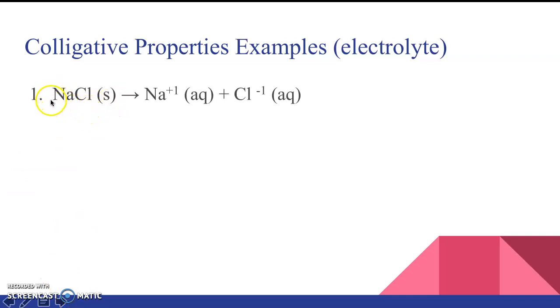So 1 mole of sodium chloride, looking at the coefficients, dissolves into 1 mole of sodium ions and 1 mole of chloride ions for a total of 2 moles of ions in solution. So because this dissolves into 2 moles of ions, it's going to have a decent impact on the boiling point and freezing point of water. It's going to cause the solvent's freezing point to decrease and boiling point to increase.